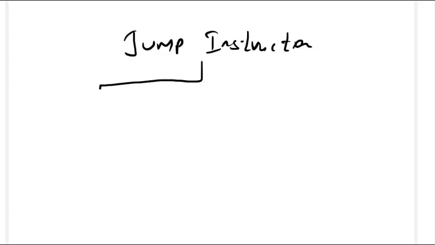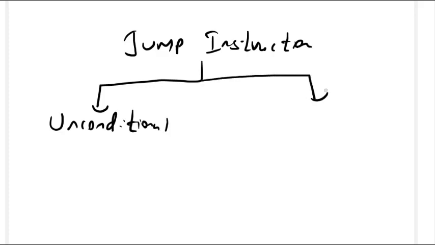Jump instructions can be classified further into two types. One is called the unconditional jump, and then we have conditional jumps.